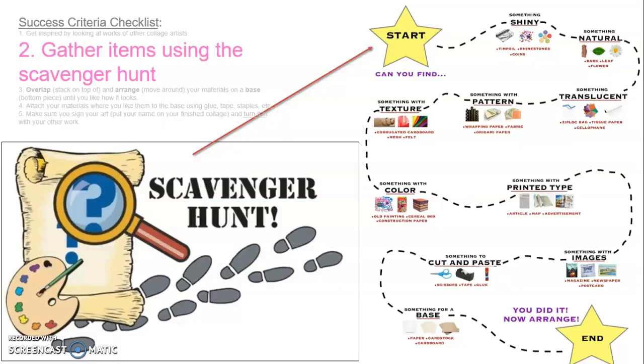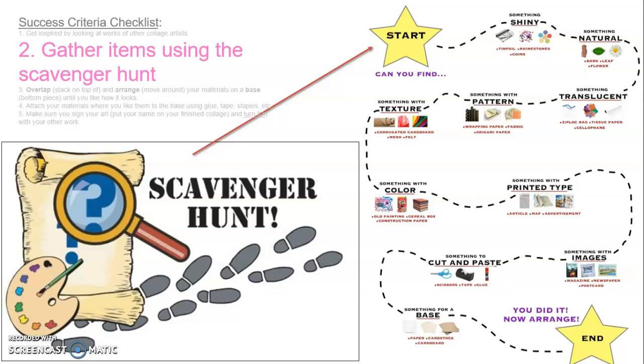Success criteria 2 says to gather items using the collage scavenger hunt. For your scavenger hunt, I want you to try to find something for every category. If you're unable to find something from one category, you could always try to double up on materials from another category.